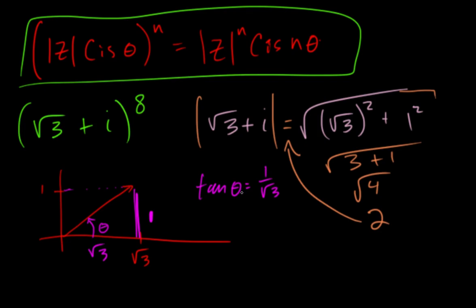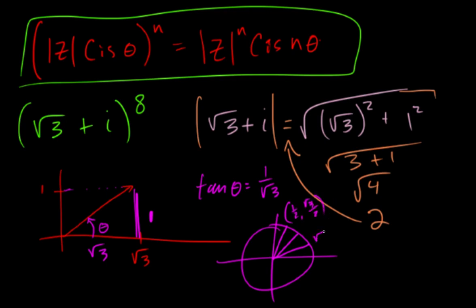And if we think of that on a unit circle, there's two candidates. So it's either this one, which is going to be 1/2, square root of 3 halves, or square root of 3 halves, 1/2. Now, tangent is y over x.